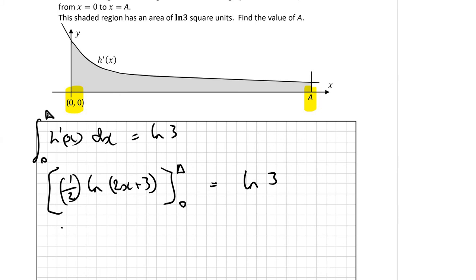So we're going to have 1/2 of the natural log of 2 times a plus 3. I can just put the half on the outside there. So that was substituting a in for x, and now what we're going to do is substitute 0 in for x. Minus 2 times 0 plus 3, so minus the natural log of 3.